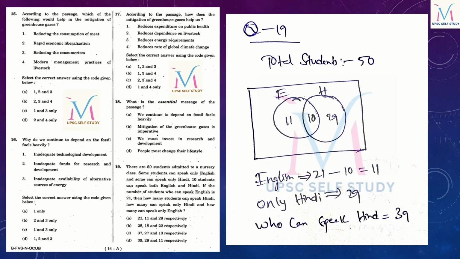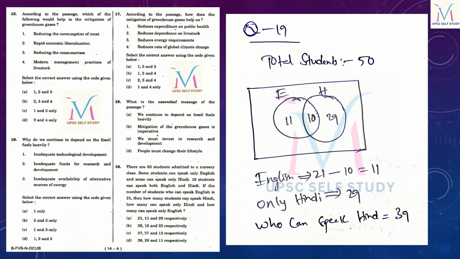Now coming to the explanation part. In order to make it understood, I have drawn a picture. E indicates English, H indicates Hindi. The adjacent joining part is written as 10. 10 is the number of children who are able to speak both Hindi and English.